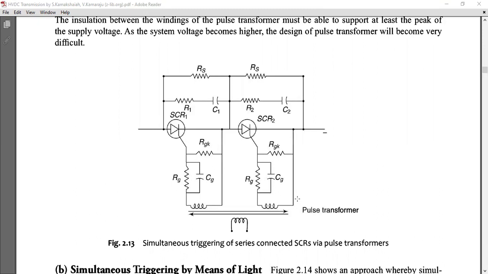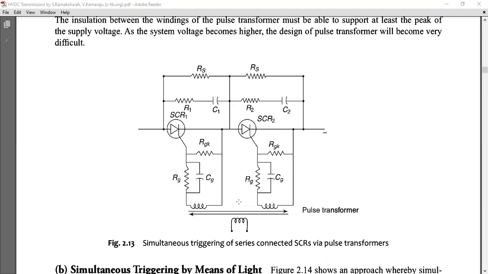In this method, the pulse which we are giving is transmitted through the pulse transformer, and the secondaries of the SCRs are all simultaneously connected.